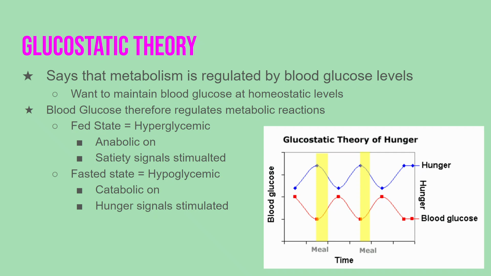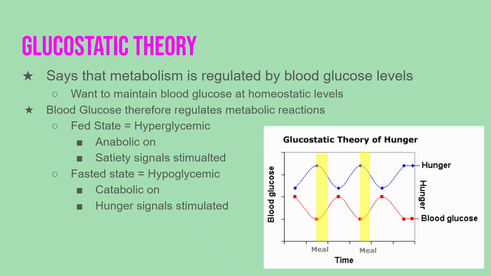Getting into glucostatic theory. Glucostatic theory basically says that metabolism is regulated by the amount of glucose in your blood. So you want to maintain the amount of glucose in your blood at a certain, homeostatic level. When we eat food in the fed state, our blood glucose goes up and becomes hyperglycemic, which just means high glucose.